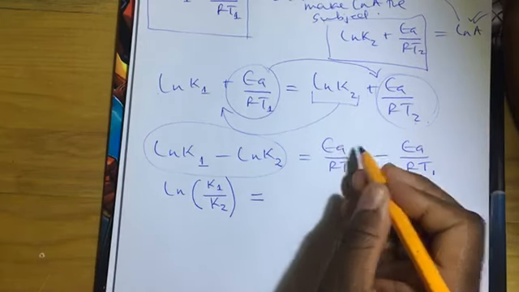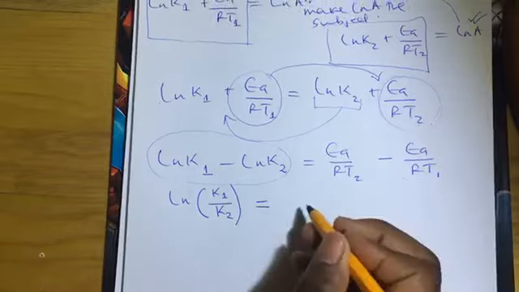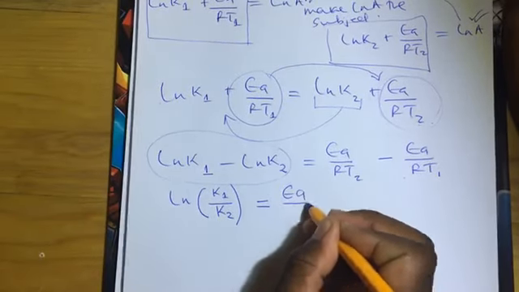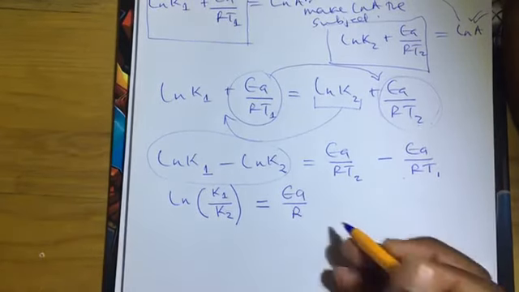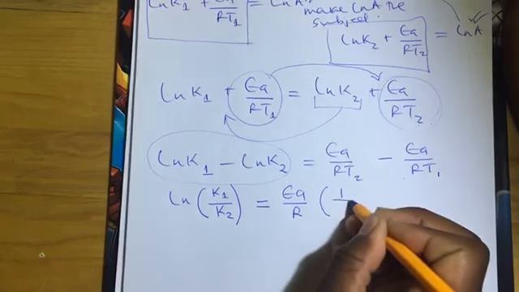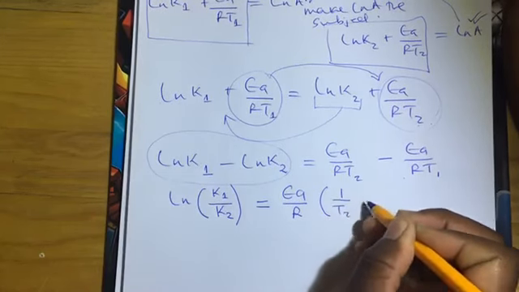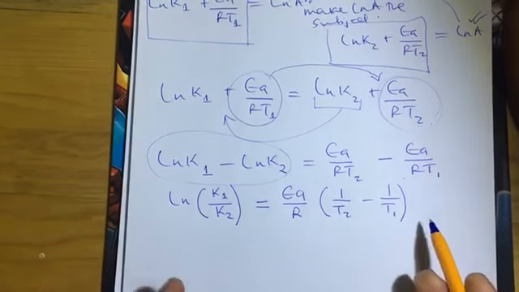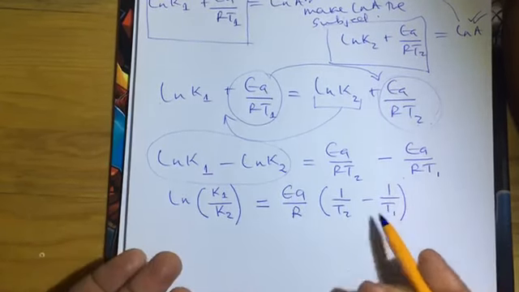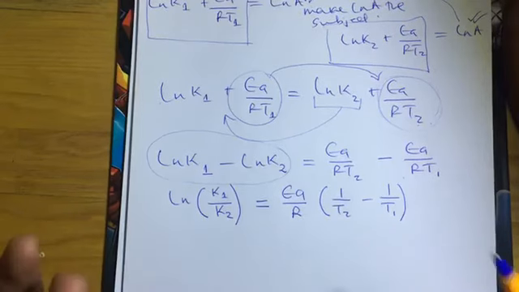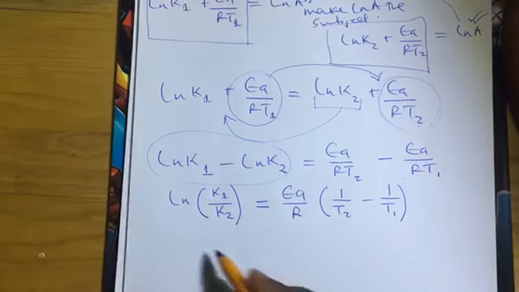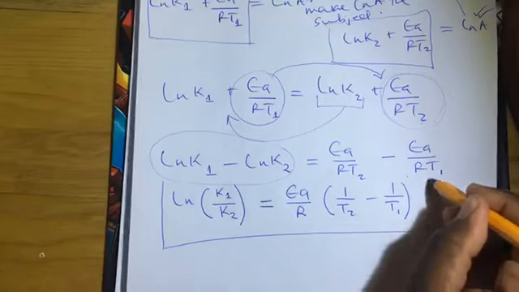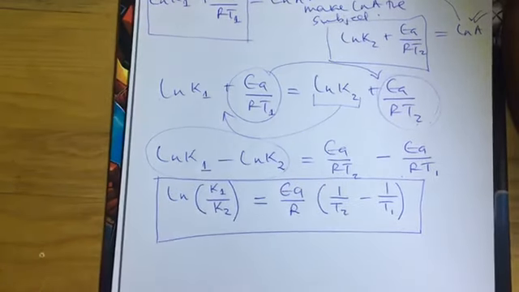So I can factor out EA. I can have EA over R, and then I'm going to be left with 1 over T2 minus 1 over T1. You can leave it like this, or you can simplify it further, like find the lowest common denominator. But if you can reach this stage, then you are okay.